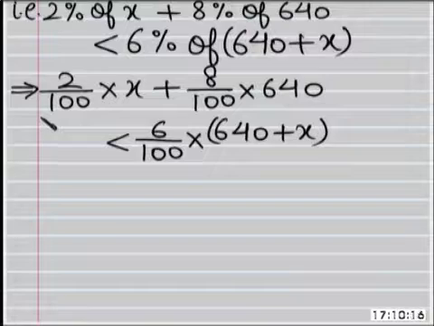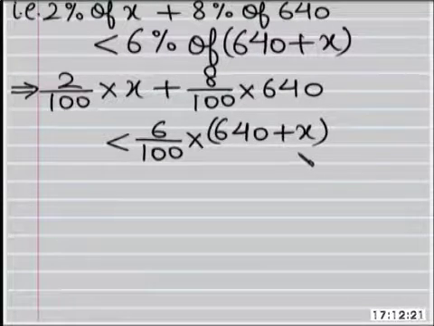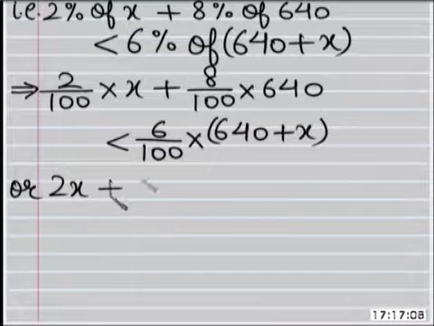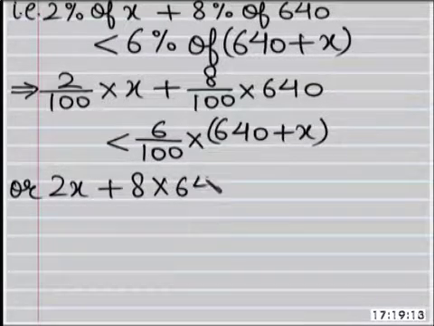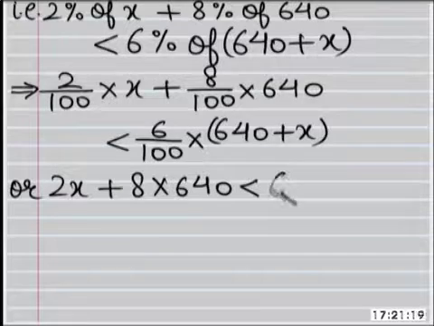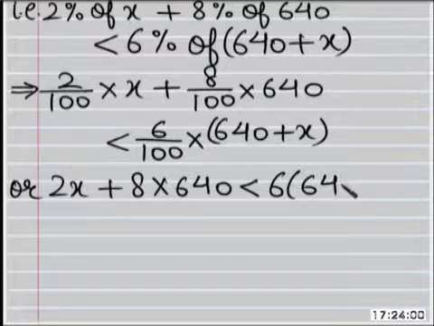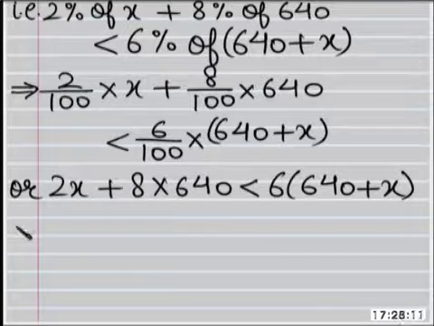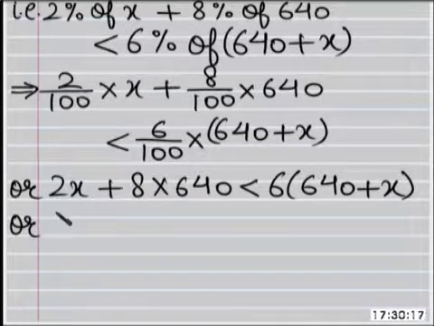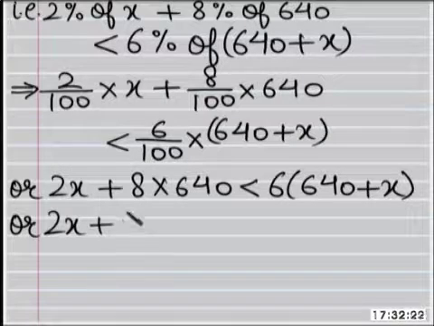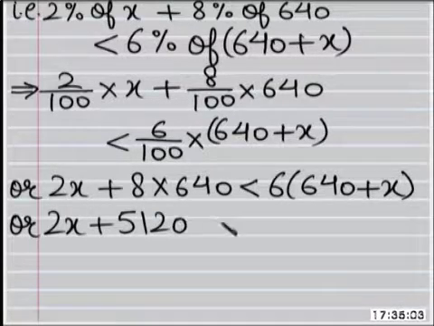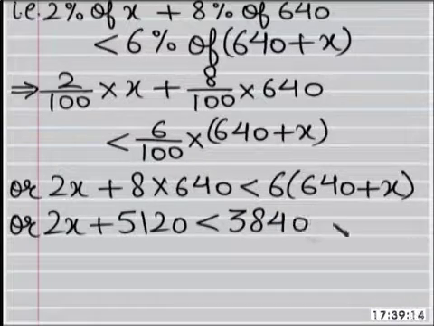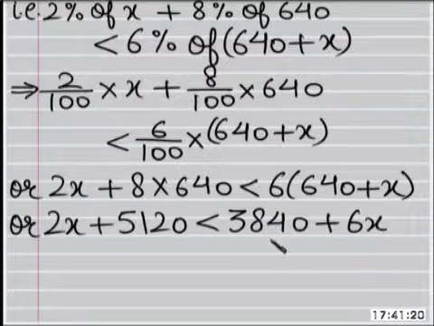Now multiplying both sides by 100, we get 2 into x plus 8 into 640 is less than 6 whole multiplied by 640 plus x, or 2 into x plus 5120 is less than 3840 plus 6 into x.